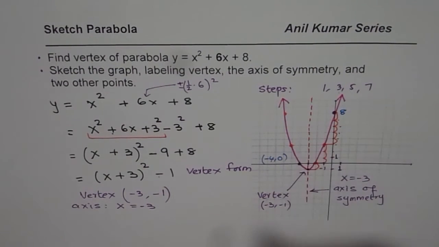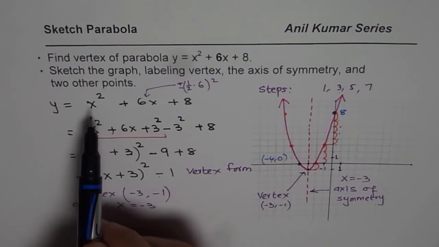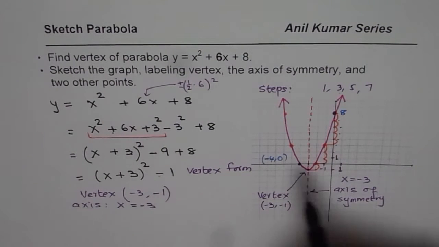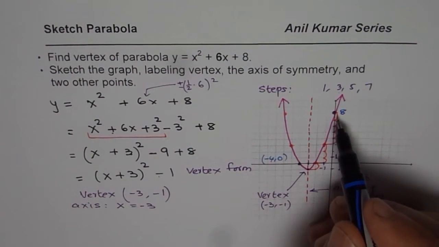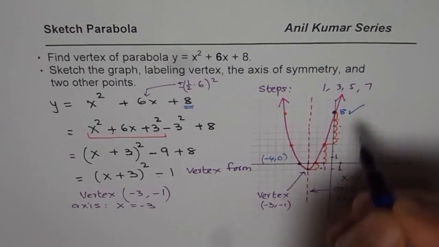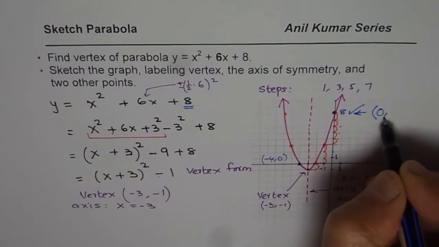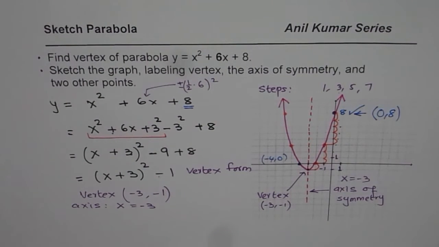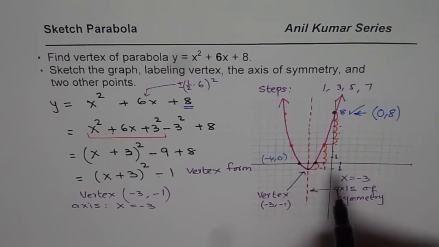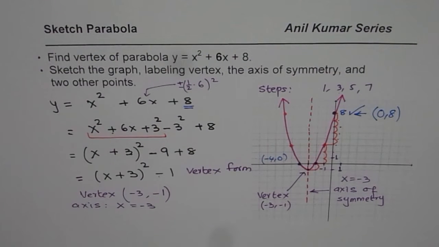So it is at 8, right? You can always verify this answer. If I write x as 0, you get 8. That clearly shows that our sketch is correct. So 8 is your y-intercept and it is always a good point to show on the graph. So we have 0, 8 as the second point. I'll choose to show the x-intercepts and the y-intercept as my other 2 points.